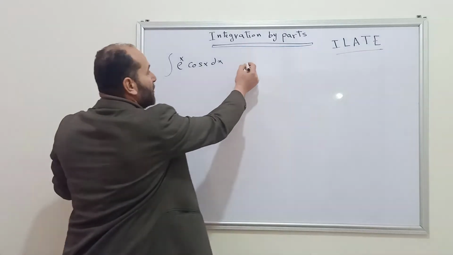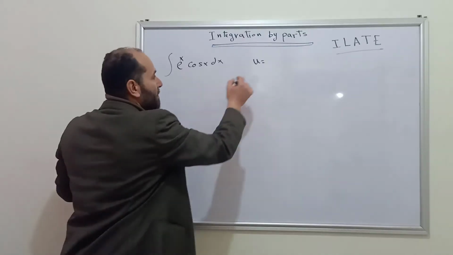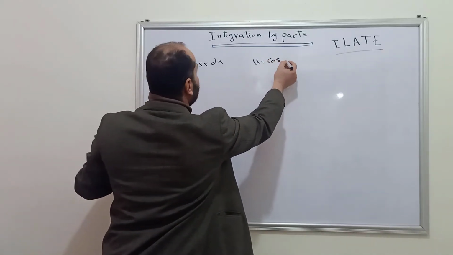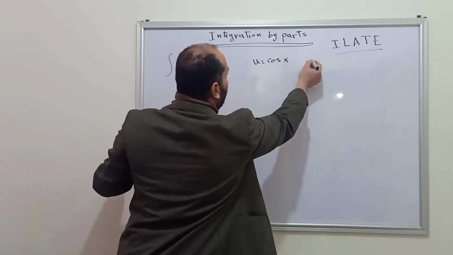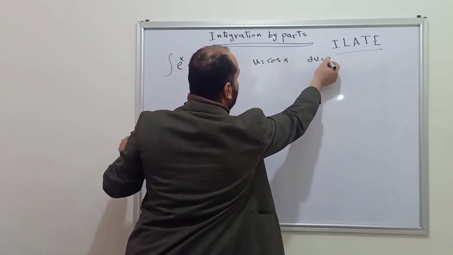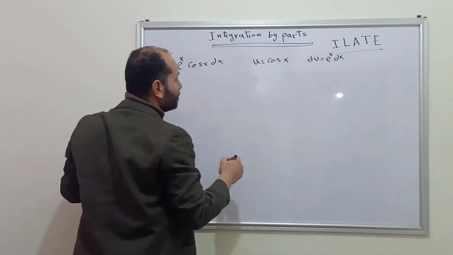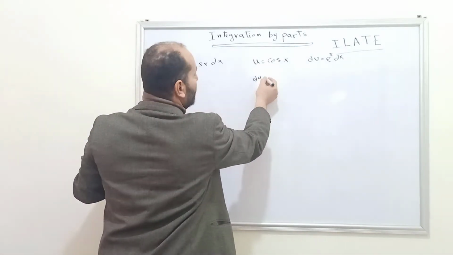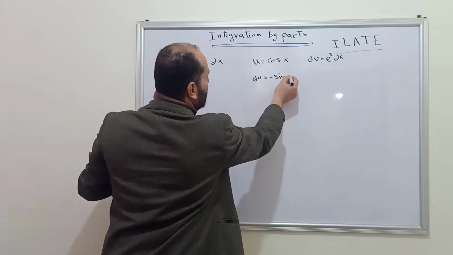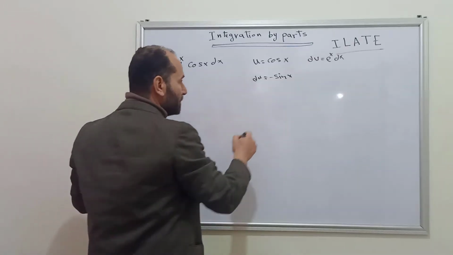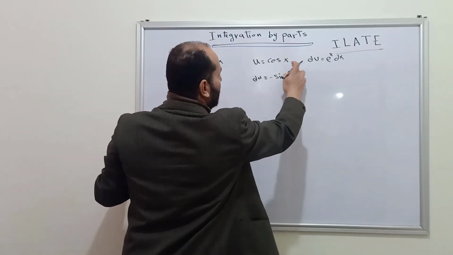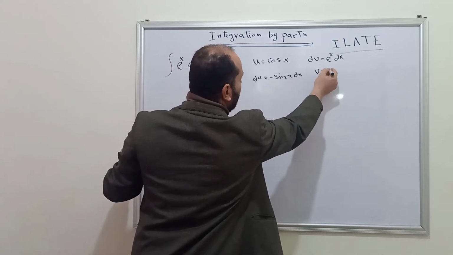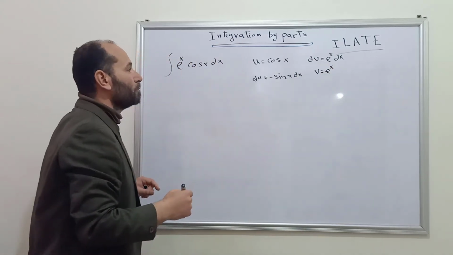So we take u equals cosine x and dv equal e power x dx. du here equals negative sine x dx and v equals e power x.